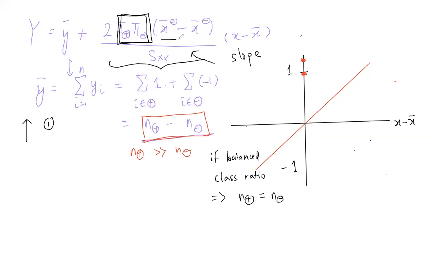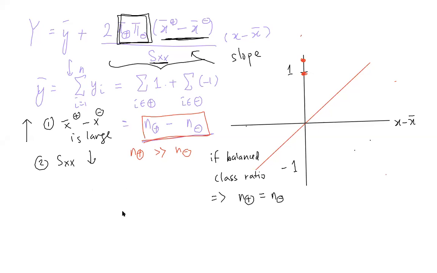The part that is important is this part and this part. If your x bar plus, the difference here is large, and the variance of x is small, you can see very easily.